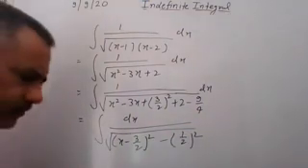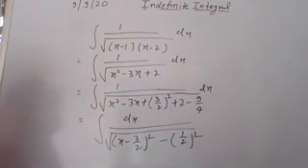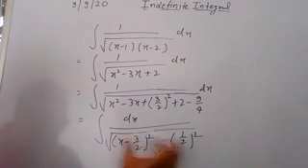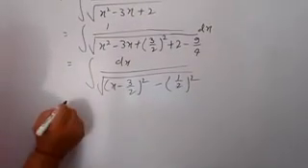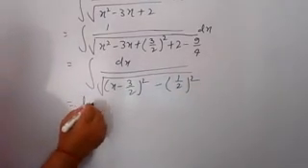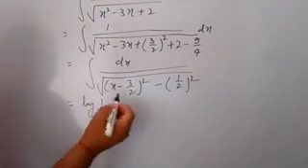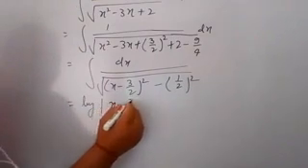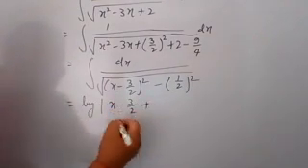How you apply your formula, you well know. This is in the form of 1 upon under root x square minus a square. So what is its formula? Log x plus same function. Same function means you write that function as it is. Understand? So that is equal to log of x, here in place of x you have x minus 3 by 2 plus same function.